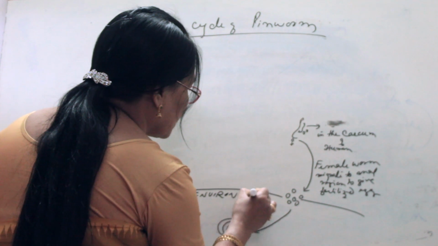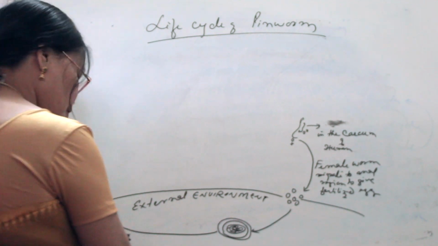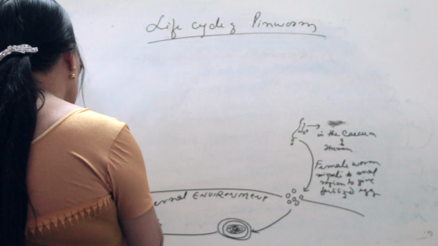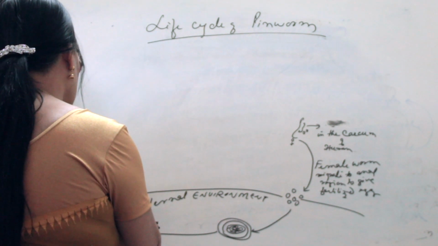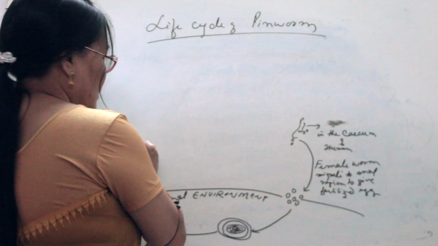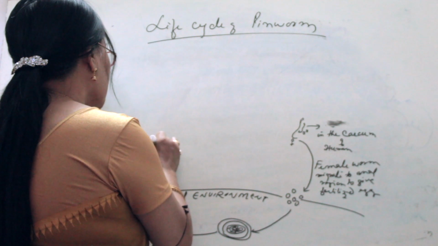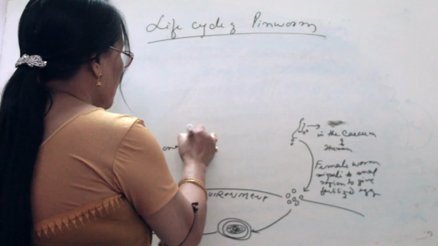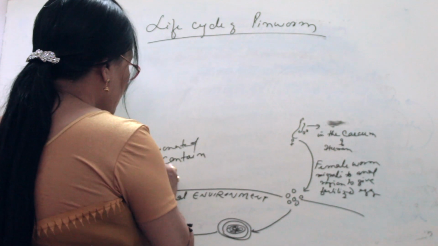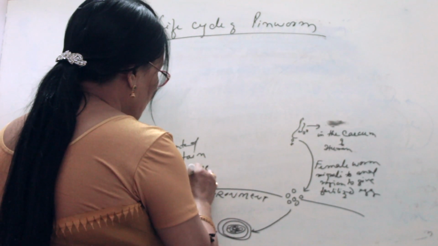These eggs are usually ingested, and inside the egg the larvae develop. This embryonated egg contains the infective stage larva.